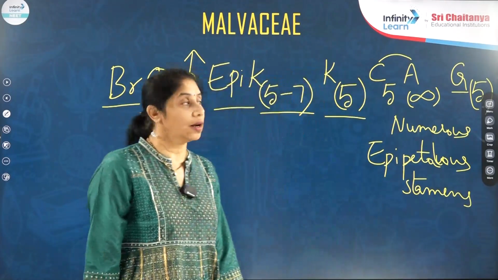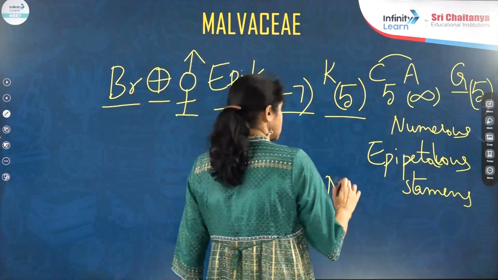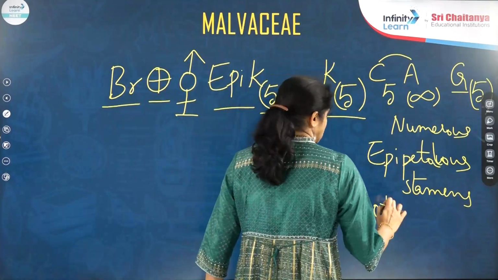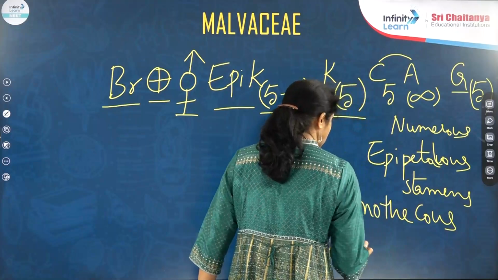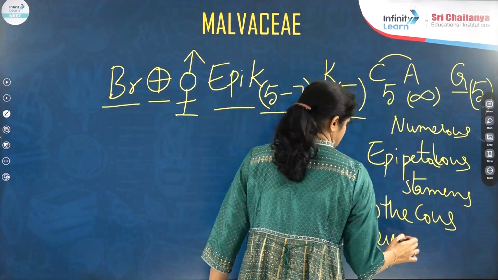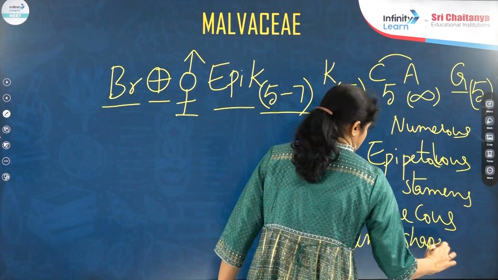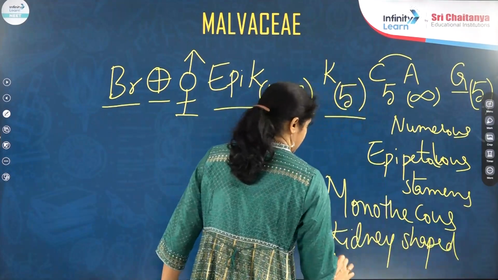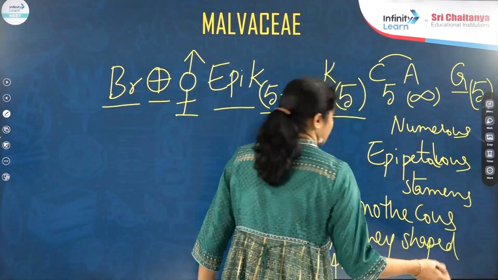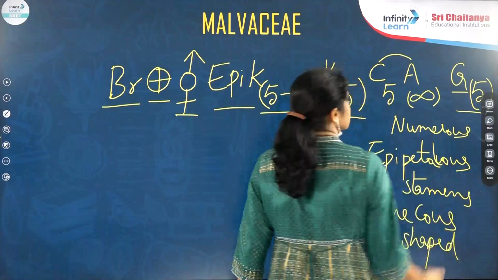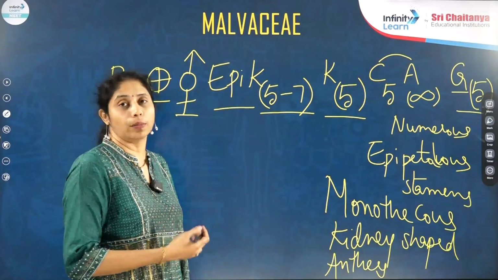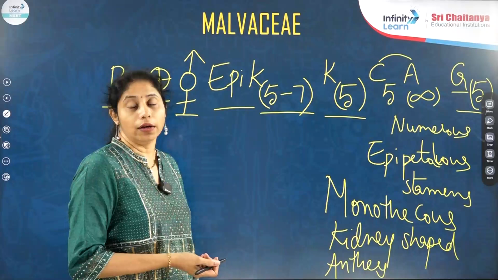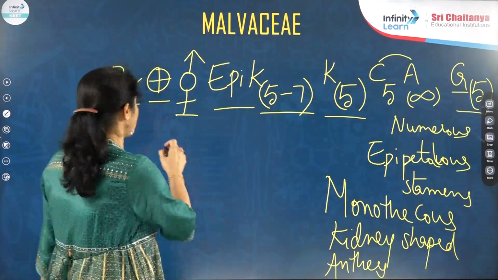Epipetalous stamens will be there, and these are monothecous anthers. Monothecous kidney shaped anthers are present in this family. As you see, gynoecium, it is made up of 5 carpels, pentacarpellary, syncarpous, generally pentalocular, and they'll be showing the axial placentation.